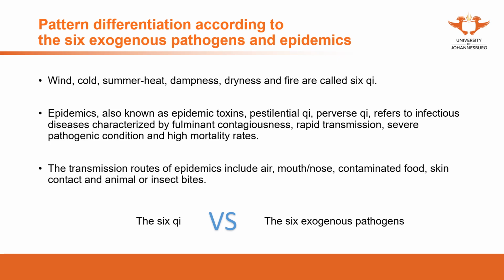So these two are exogenous pathogens, although they are different. The question here is, what's the difference between the 6 qi and the 6 exogenous pathogens?